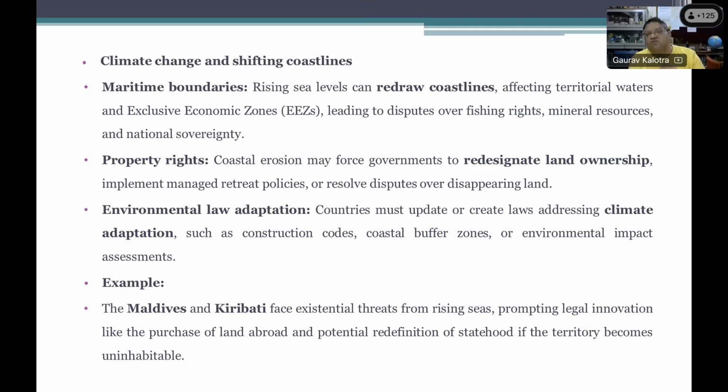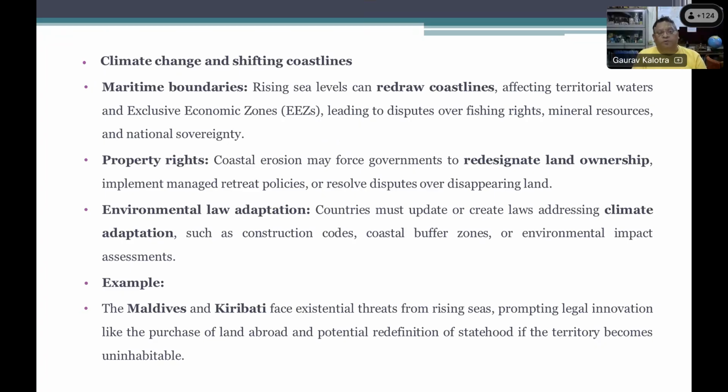When the coastlines are redrawn, the territorial waters and exclusive economic zones will also change, leading to disputes over fishing rights, mineral resources, and national sovereignty. Then property rights. Coastal erosion may force governments to redesignate land ownership, implement managed retreat policies, or resolve disputes over disappearing land.